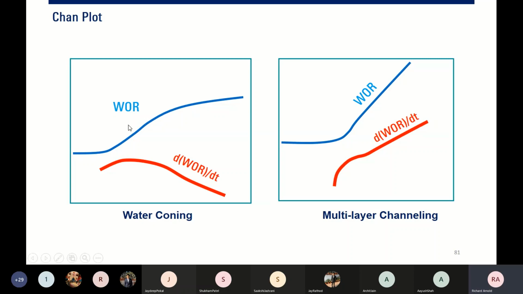So if your water oil ratio increases and then turns quite steady at the end and the derivative curve decreases, it means that you have water coning. But if your water oil ratio and the derivative increase with constant slope like this one, it means that you have multi-layer channeling.